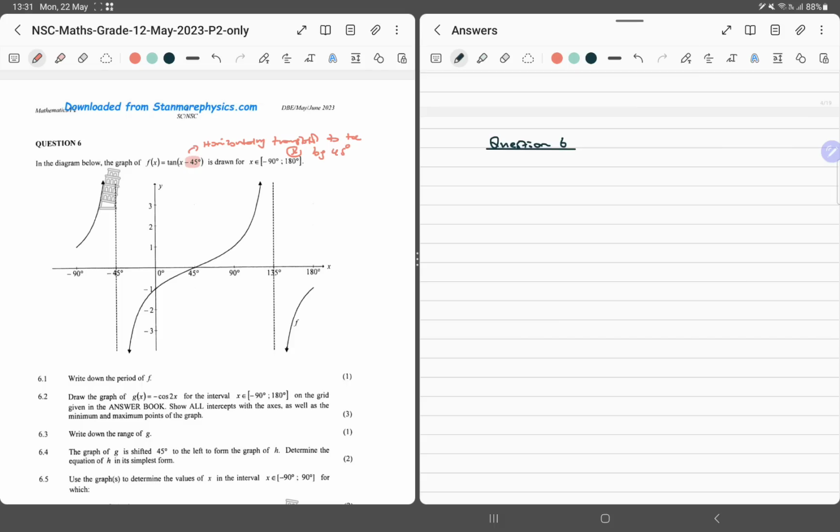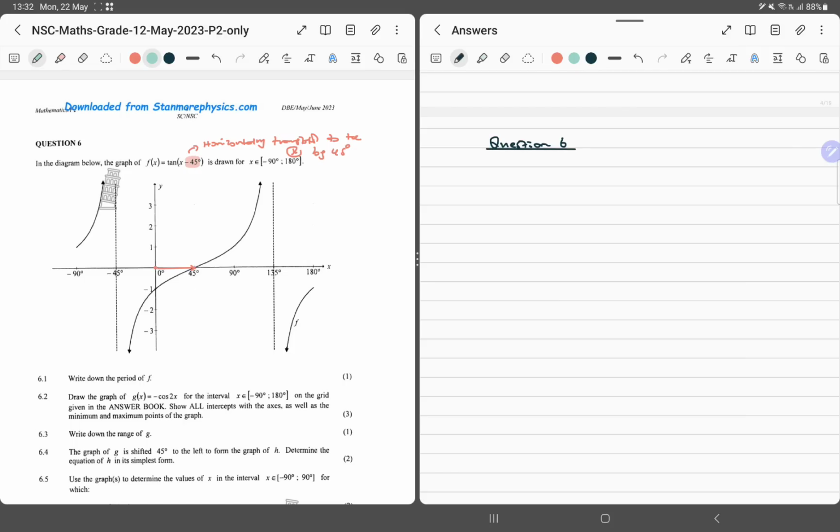We know that tan of 0 is normally 0, for example. But what happened? It shifted 45 degrees to the right. So now tan of 45 becomes where it is expected to be. So please, guys, form a habit of learning these things, because these questions are all about analyzing things.